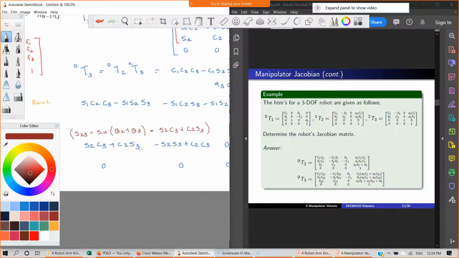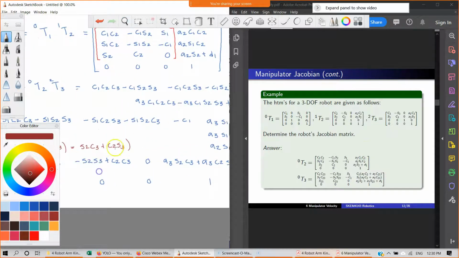Okay, and the same thing here. So if you notice, what is this, right? So let us try to simplify this. Here we can factor out C1, so you'll be left with C1 multiply C2 C3 minus S2 S3.